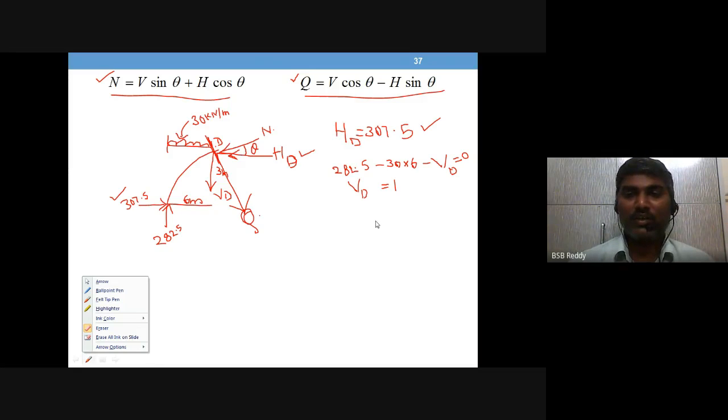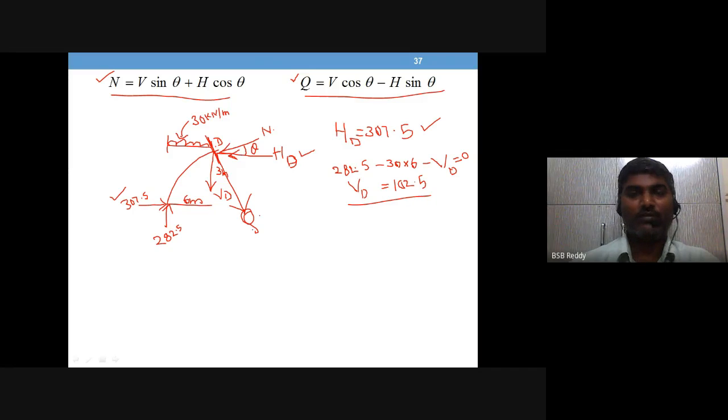So let me write what is the value of that. Minus 180, so it is 102.5. So 102.5 is VD value. So you substitute V value here and H value here.